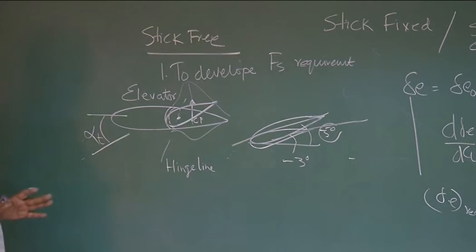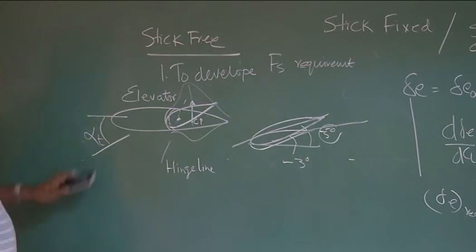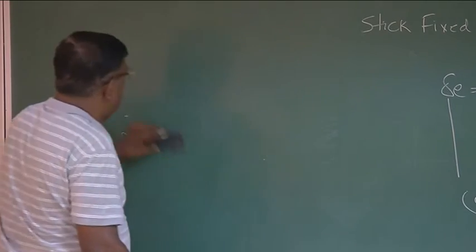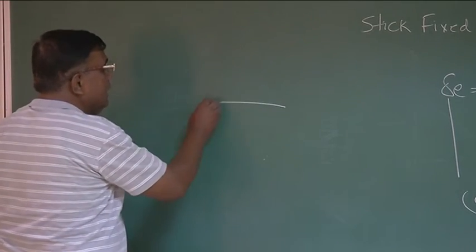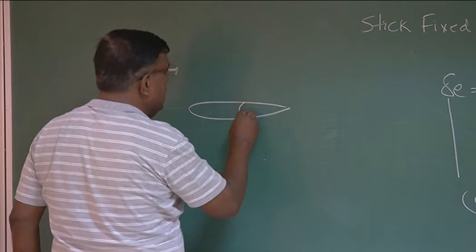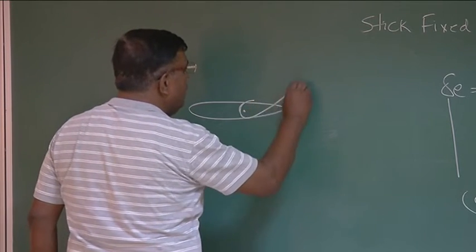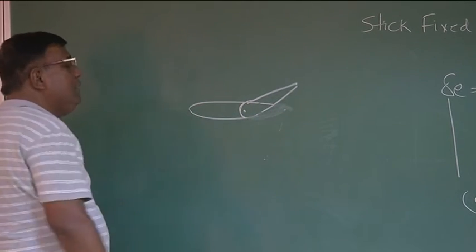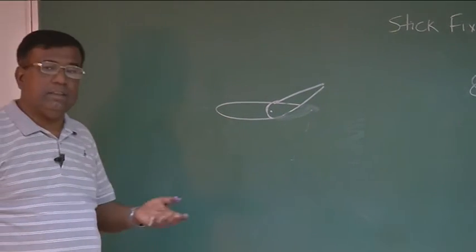But the point here is, please understand, when you are talking about the stick-free concept, we are assuming that at a given alpha t, the elevator has already floated like this. And that is why CL alpha of the tail reduces.